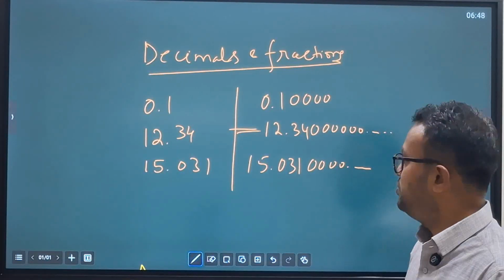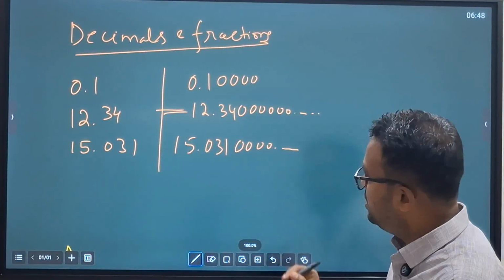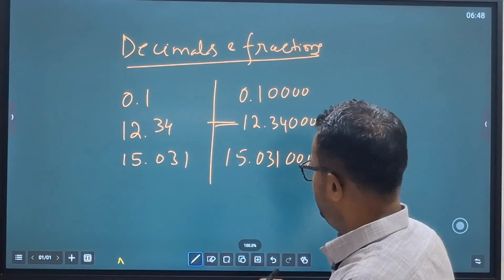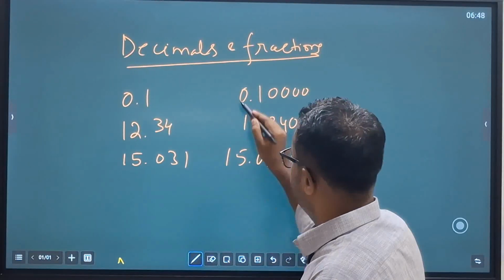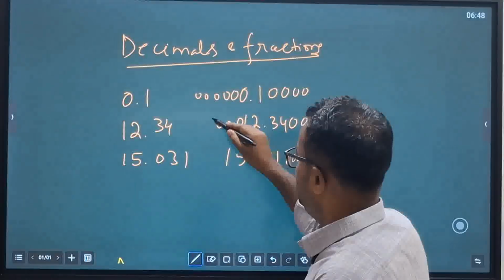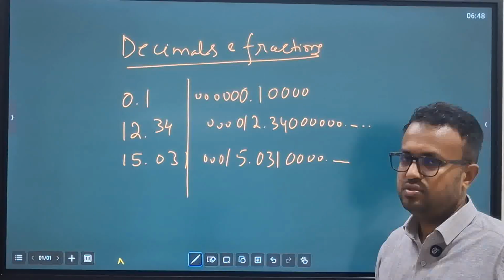This is one type of writing. Where do you add zeros? Similarly, you already have 0.1, so even to the 0.1 you can write any number of zeros.